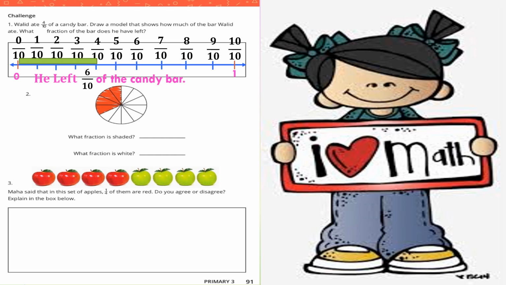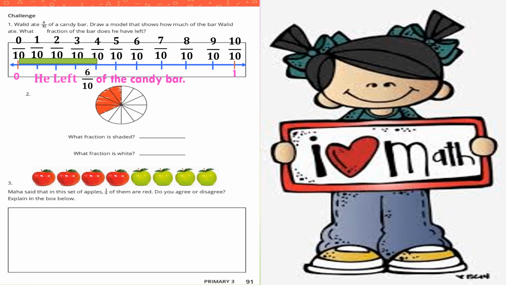Number 2, look at this picture and solve the questions. What fraction is shaded? The rule of the fraction: the colored parts over the number of total parts. Here, how many colored parts? Let's count. 1, 2, 3, 4. So the colored parts here are 4, out of the total parts, which means colored and not colored.